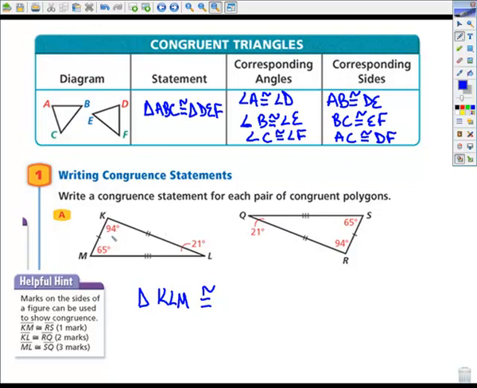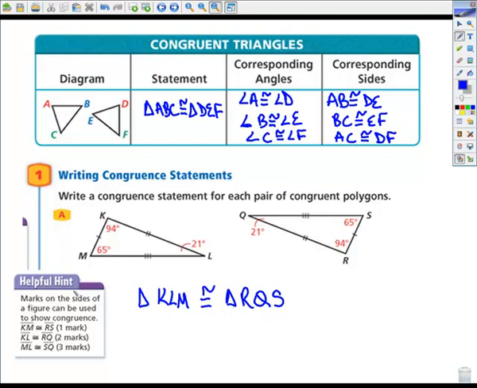So the K is the 94 degrees. Over here, R is 94 degrees. L is 21 degrees. Over here, it's Q is 21 degrees. M is 65 degrees, and S is 65 degrees. So they are not putting this one in alphabetical order.